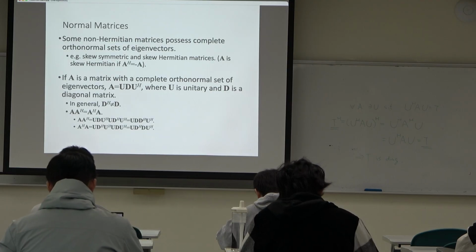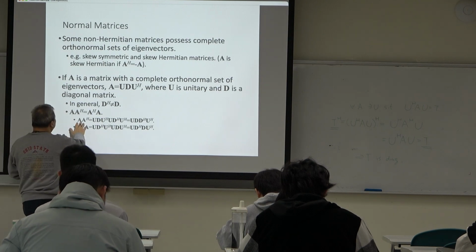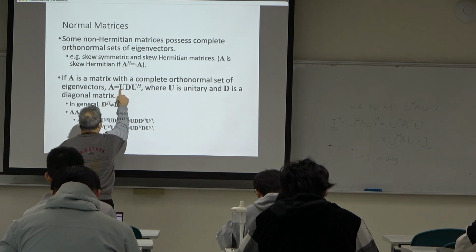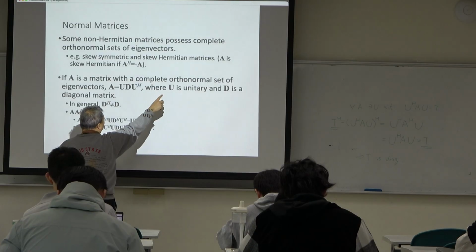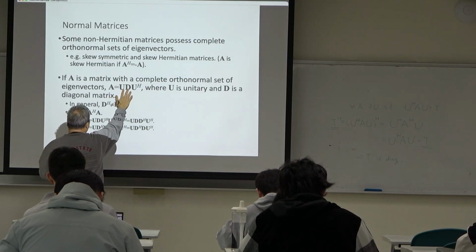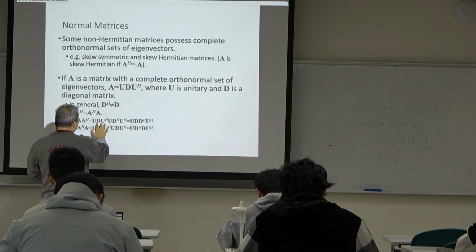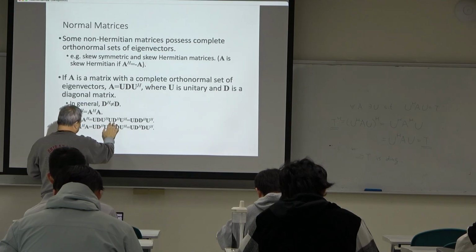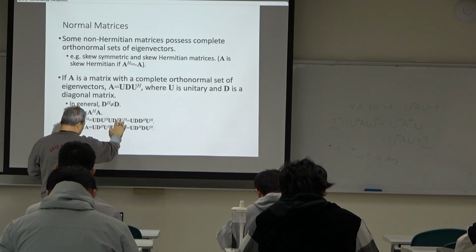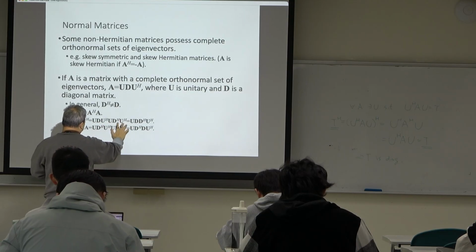Why? Because if A has a complete orthonormal set of eigenvectors, then A equals UDU^H, right? So AA^H is UDU^H times UD^HU^H, and then you multiply them together.